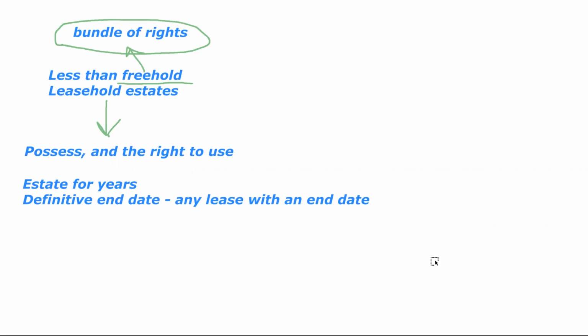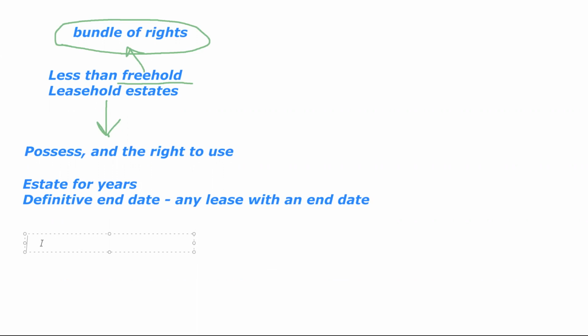If you rent an Airbnb for a week in Charleston, South Carolina, that is an estate for years, okay? So it is identified as a less than freehold or leasehold estate for a definitive period of time. So if there is an end date, there is no need for any kind of advance notice. It will simply end and terminate on that date, and it will be classified as an estate for years.